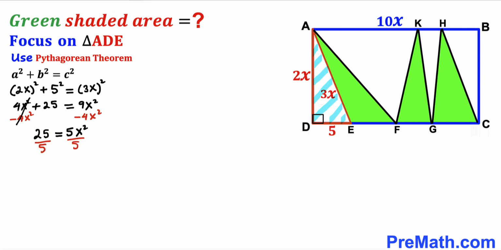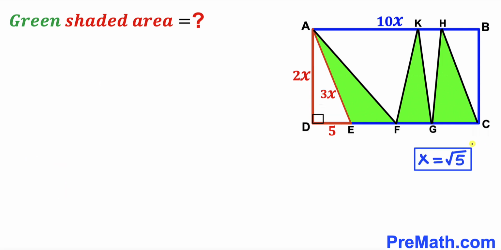So our x square value turns out to be 5. Now I am going to undo this square by taking the square root on both sides. So our x value turns out to be positive square root of 5 units.